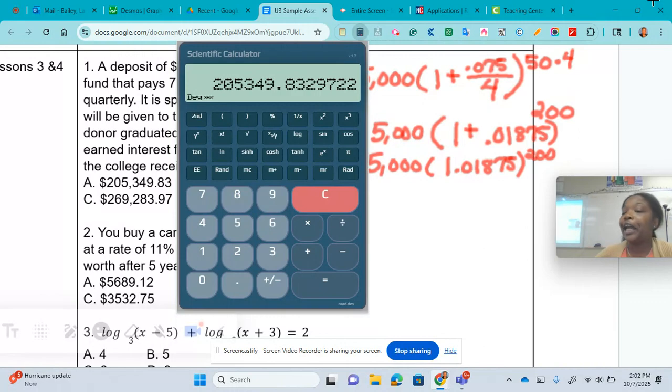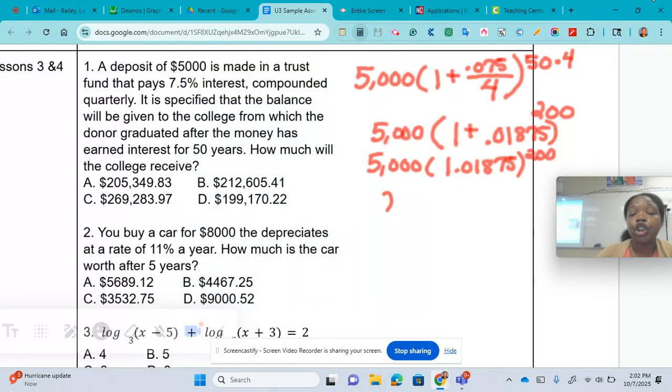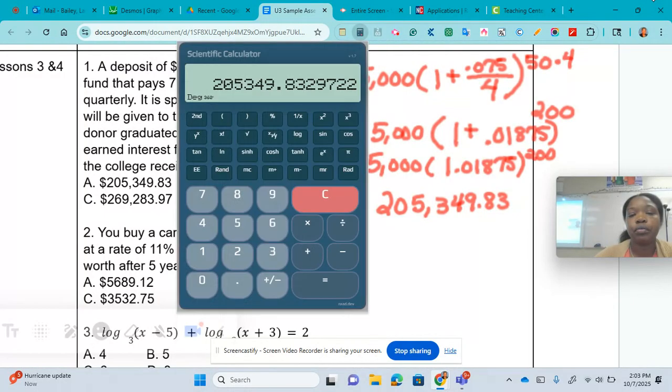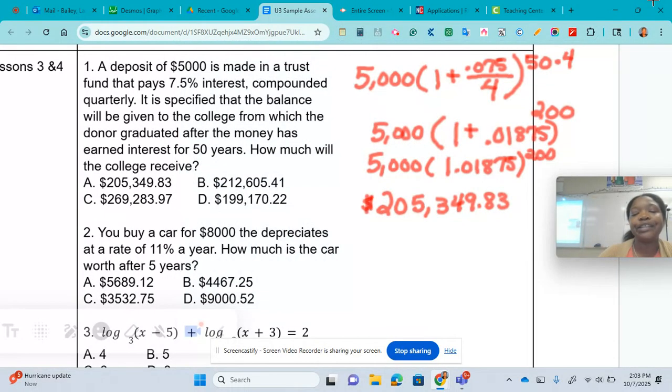So we did the exponent first, and then we multiplied that answer by the 5,000, and we got 205,349.83. So my answer is A.